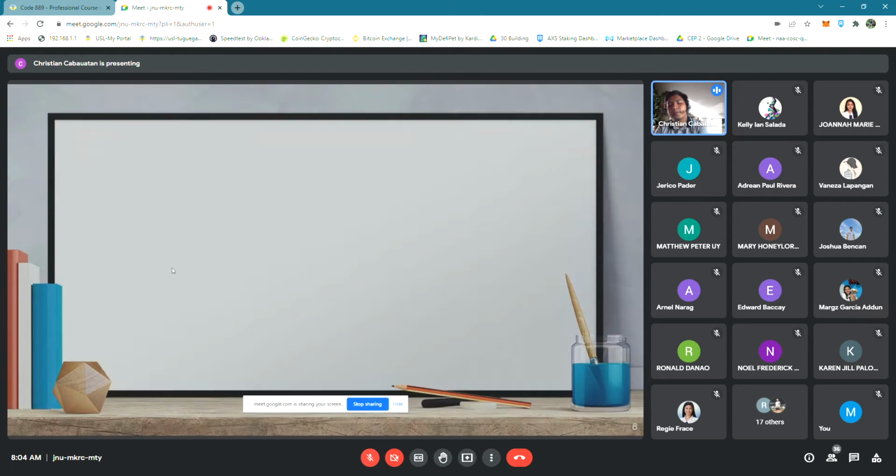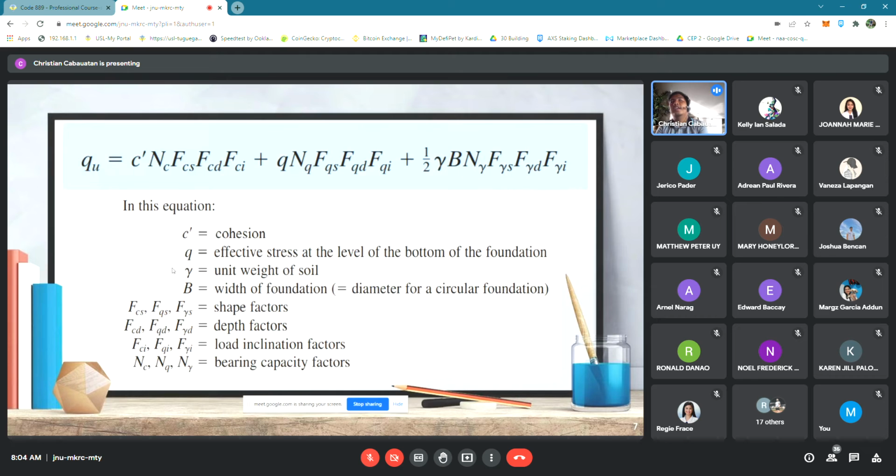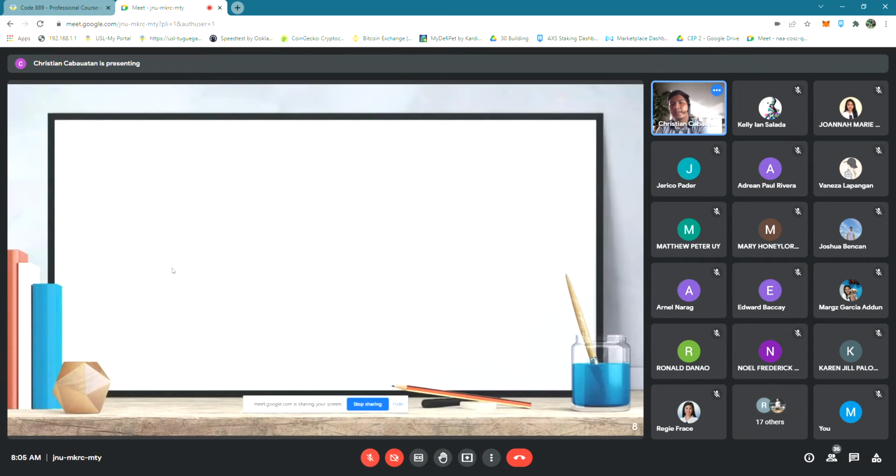So please remember this general bearing capacity equation because I might be asking one of you to try to solve the second problem later on.